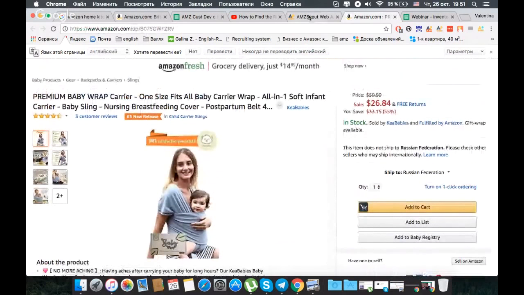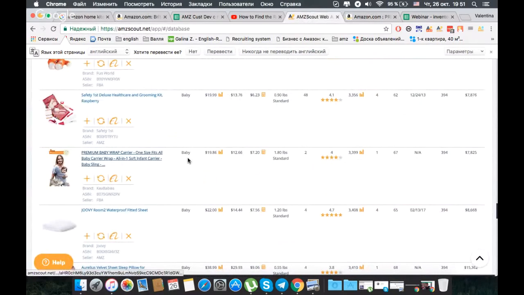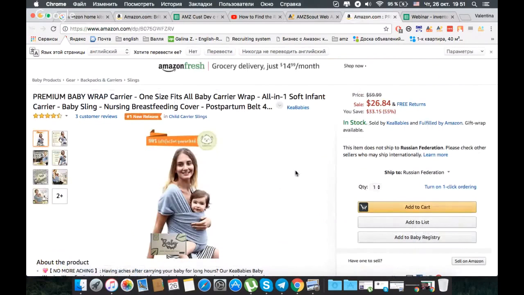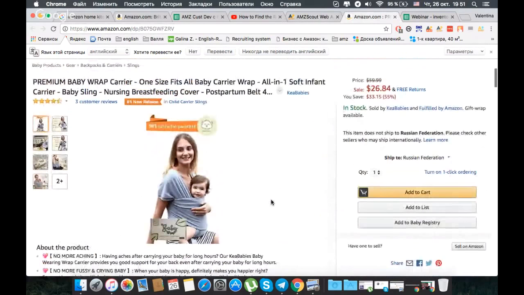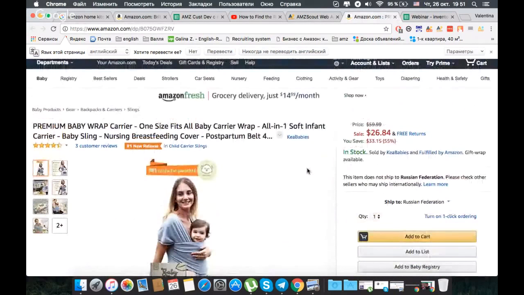Well, the next thing I did is I clicked on this link and it opened on Amazon, and I see the photo and the description. Now I need to figure out what the main keyword is here, and I guess this is baby sling.